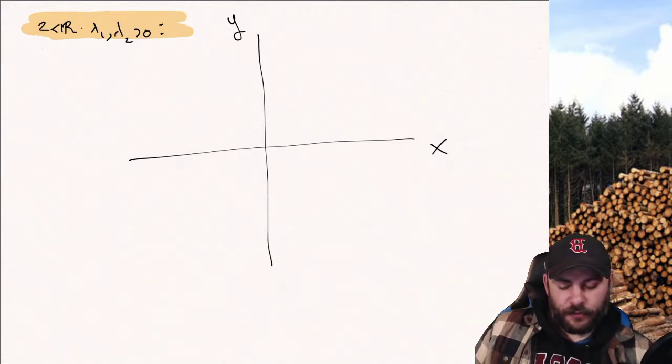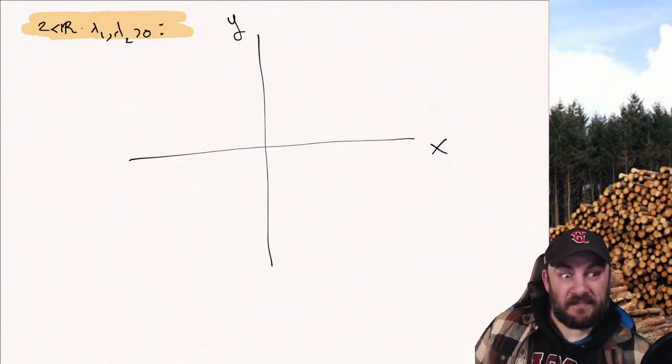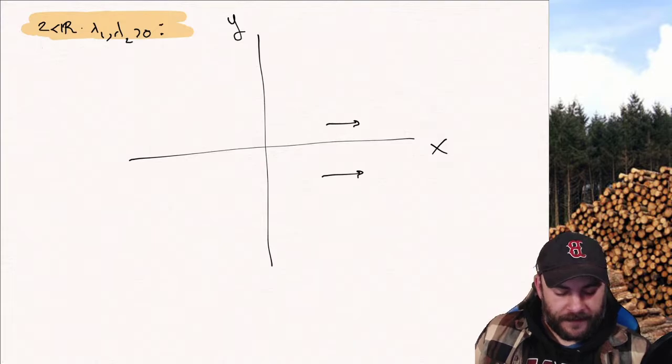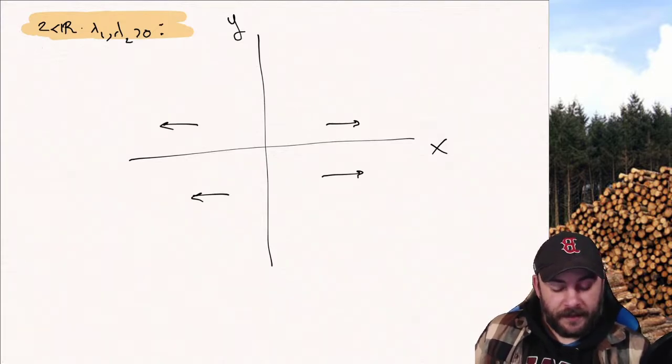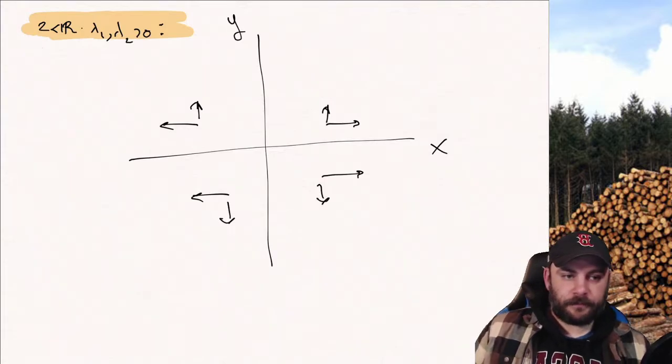So x is always increasing away from 0. That makes sense. If x starts positive, it's going to keep getting bigger and bigger. If it starts negative, it's going to go to negative infinity. And if y starts positive, it's also going to keep getting larger and larger. And if it starts negative, it goes away.